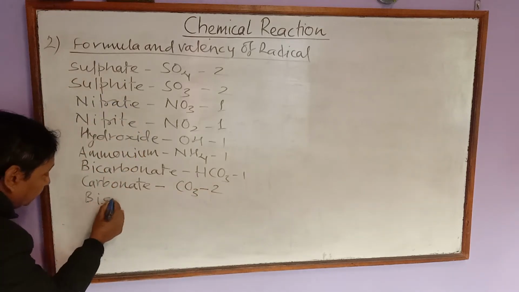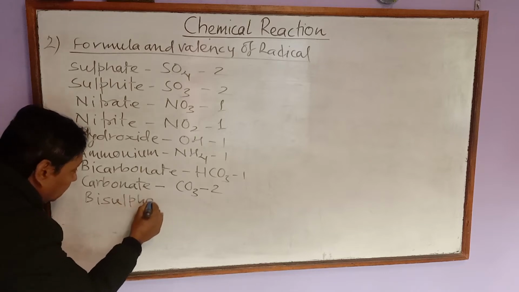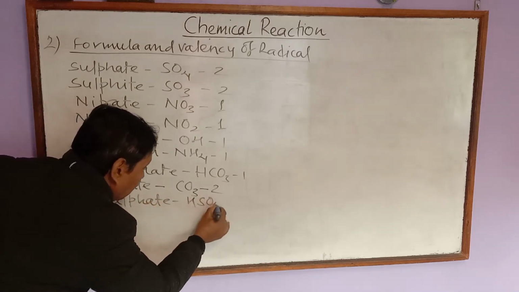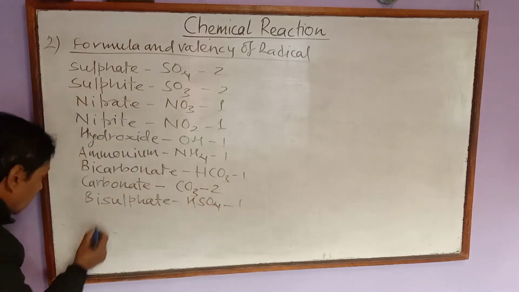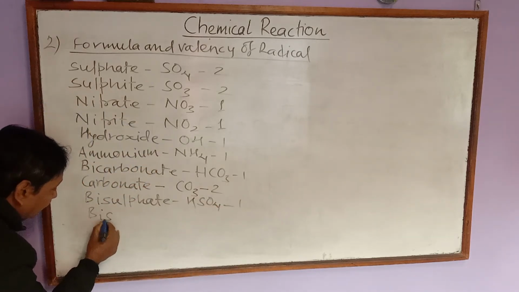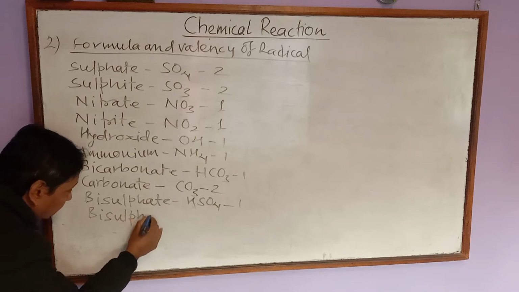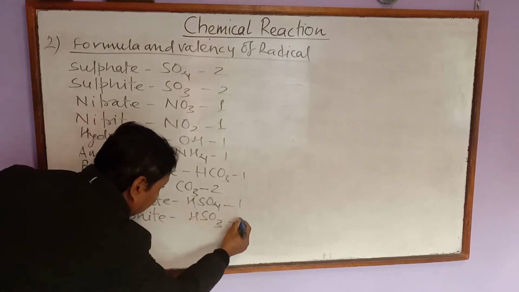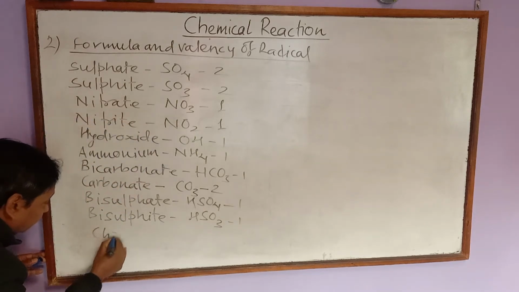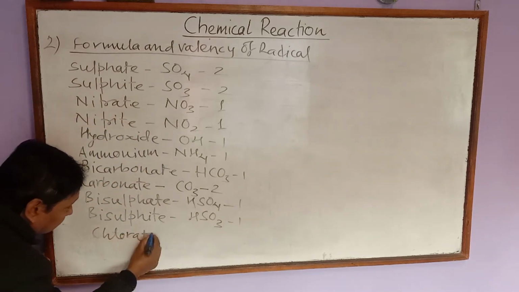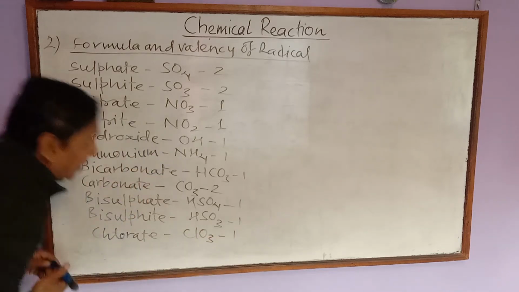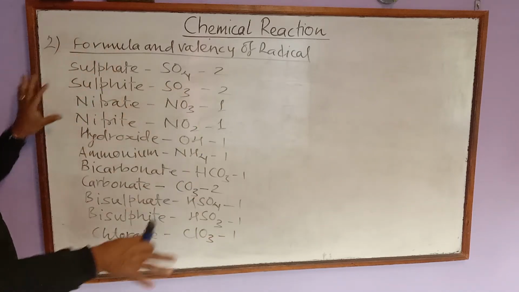Bisulfate, HSO4, valency 1. And bisulfite, HSO3, valency 1. Chlorate, ClO3, its valency is 1. You have to remember this.